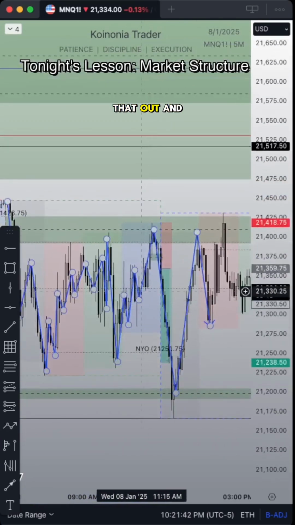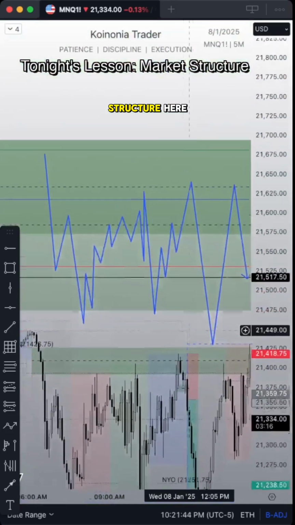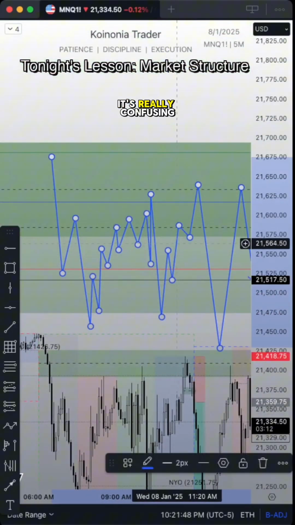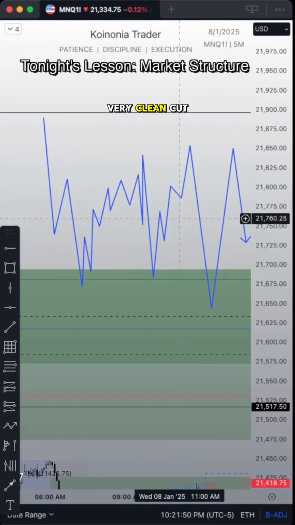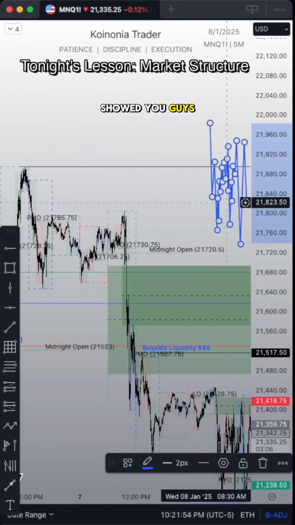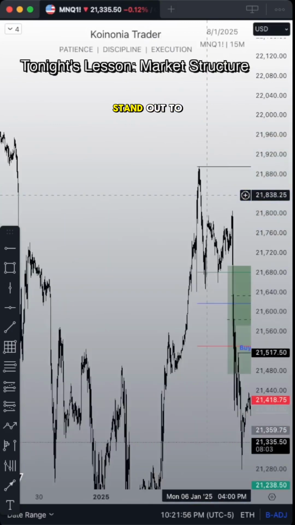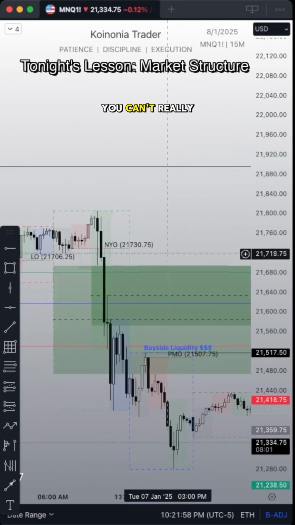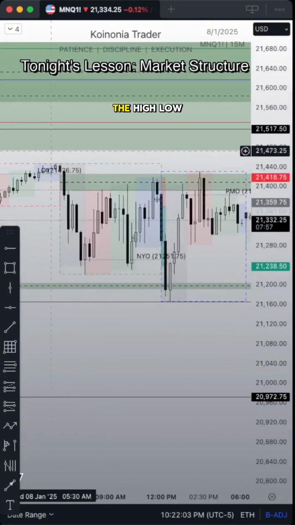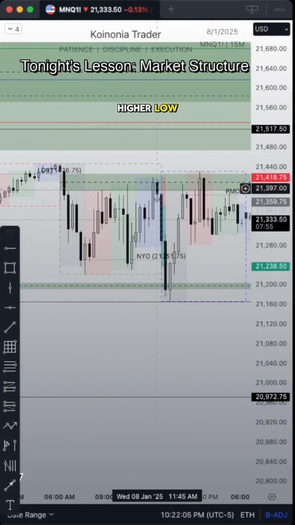If you take that out and look at this structure here, it's really confusing, right? This is not very clean-cut structure. It doesn't look like the other ones that I showed you guys, and if you span out to even the 15-minute time frame, you can't really see that either. You've got the high, low, lower high, higher low, higher high, lower low.